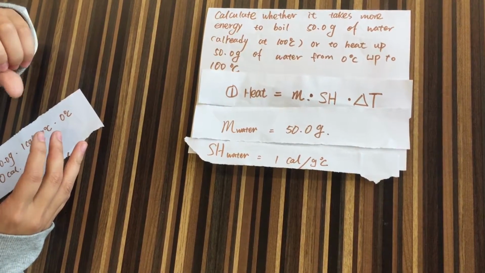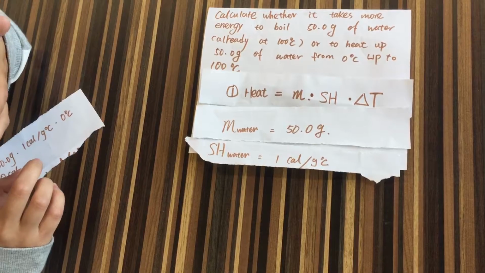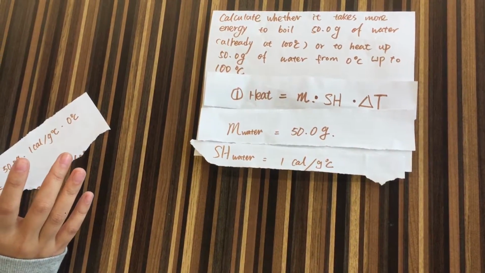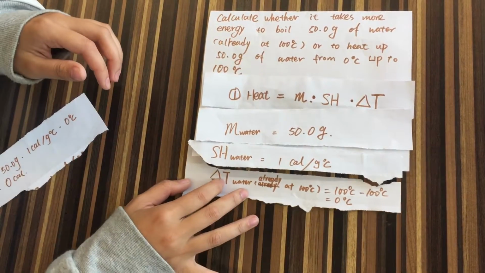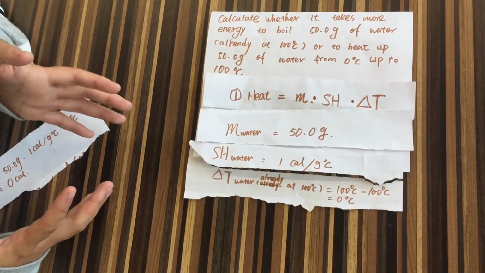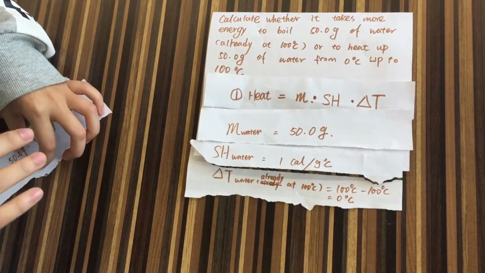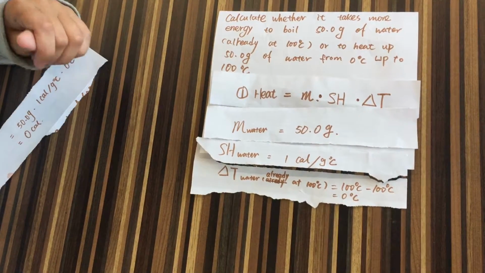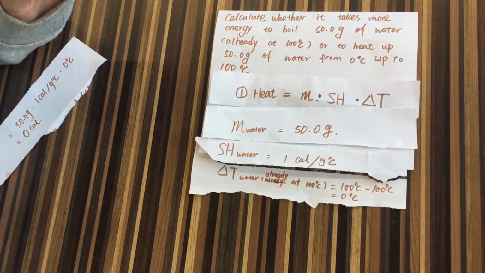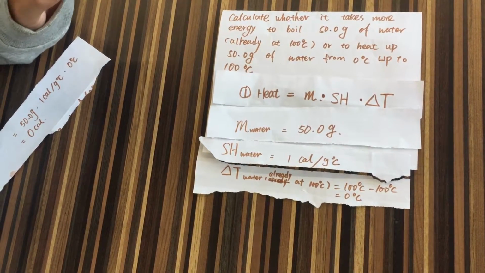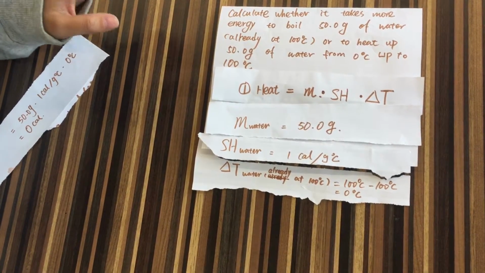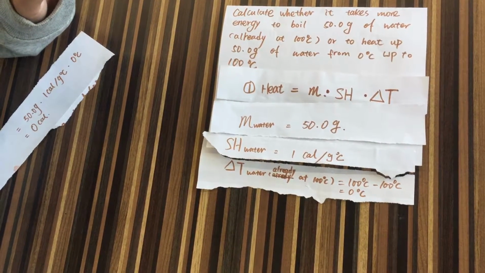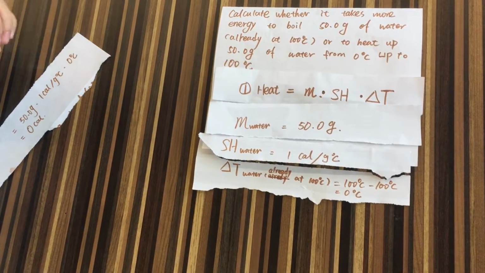To boil 50.0 grams of water which is already at 100 degrees, the temperature change is the final temperature minus the first temperature. The final temperature is 100 degrees, minus the first temperature of 100 degrees, so we get 0 degrees for the temperature change.